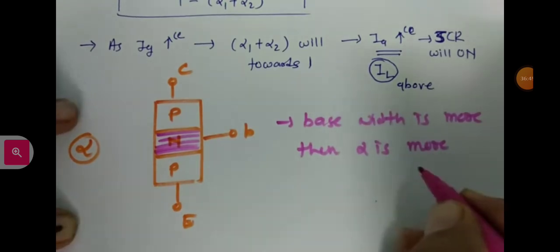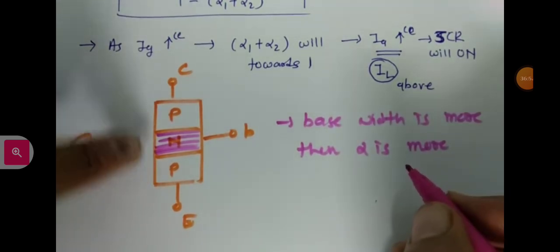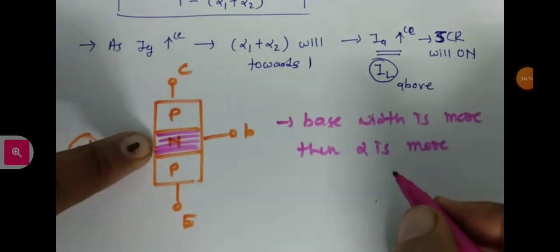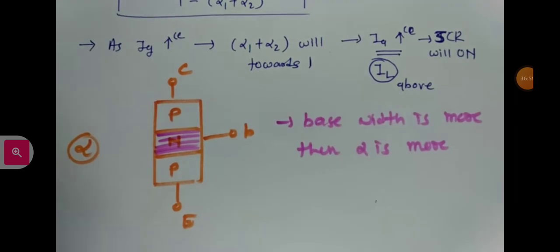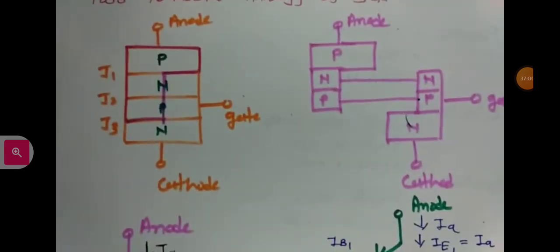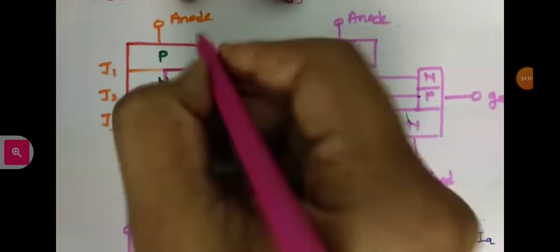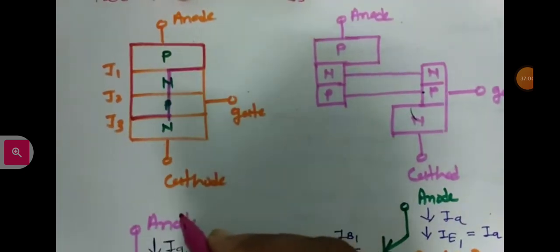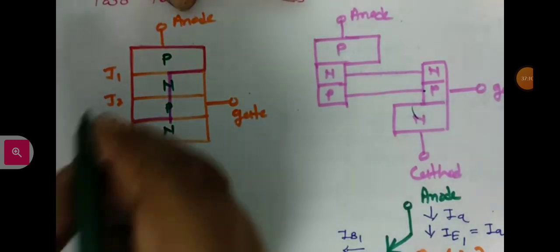So ultimately we need to focus on what will happen with respect to base width. In this two transistor analogy, as the anode is positive with respect to cathode, the J2 junction will be in reverse bias.